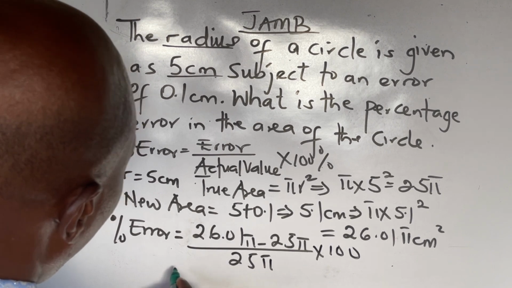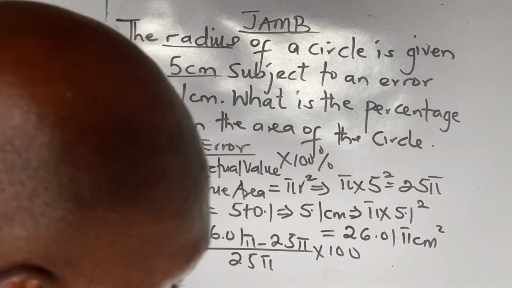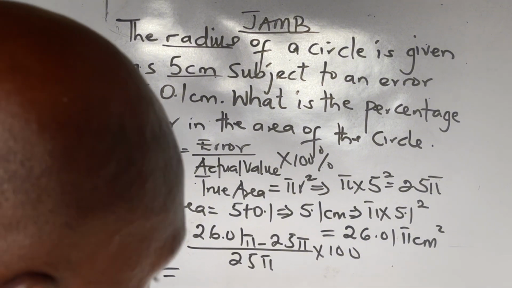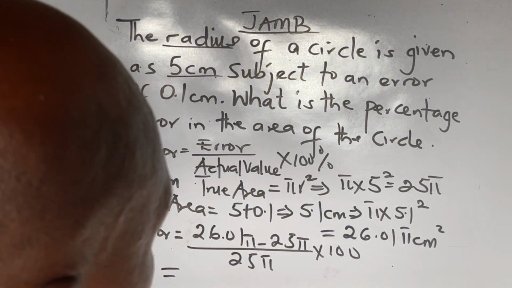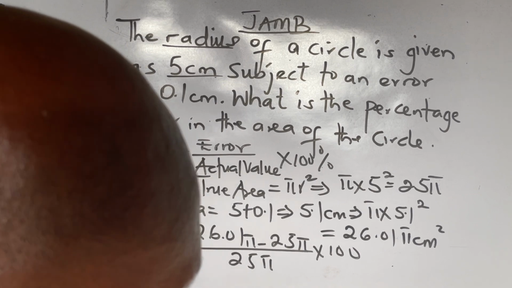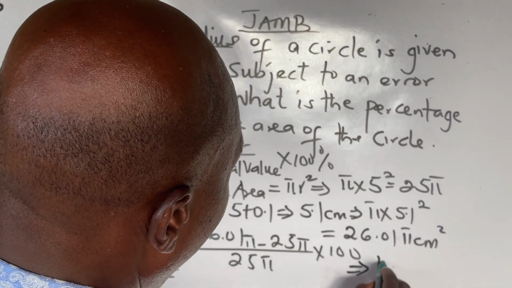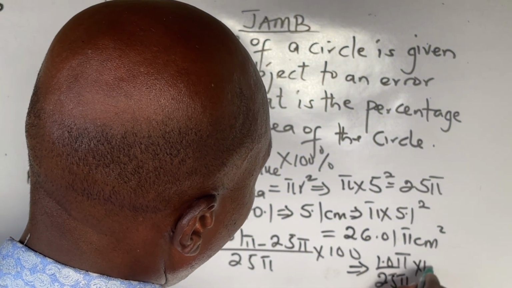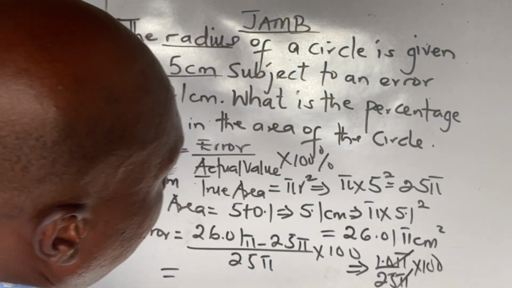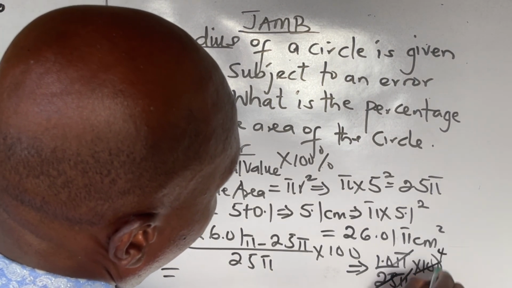If you do this using your calculator, 26.01 minus 25 gives you 1.01 pi over 25 pi times 100. So pi cancels pi. You are left with 25 in 100, which is 4.